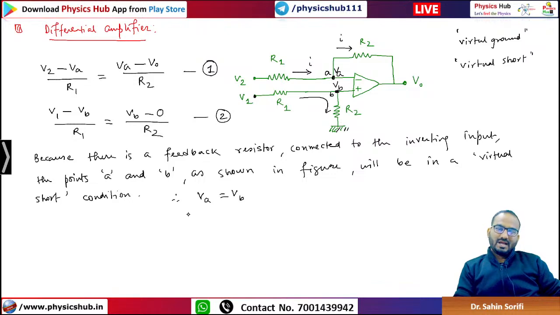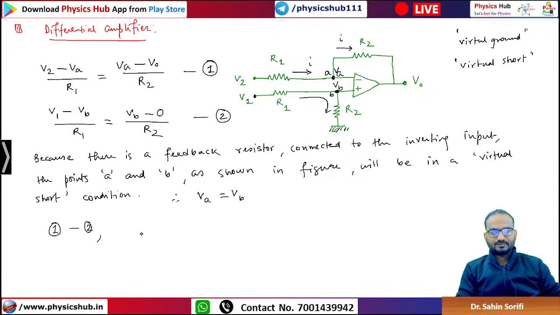Now, if you subtract equation 2 from equation 1, what do you get? VA and VB are the same.